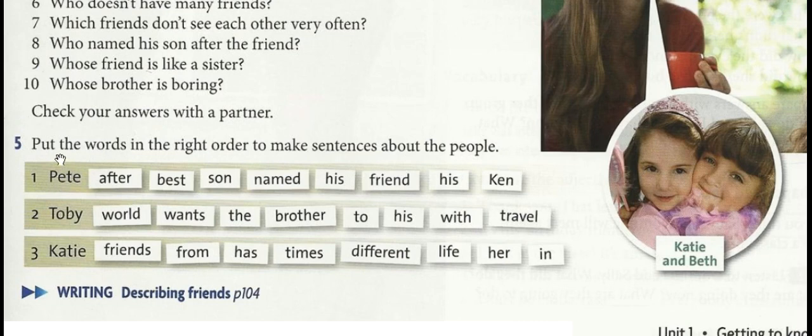So you have here the beginning of the sentence. Number 1, it begins with Pete. So you keep Pete and then you reorganize these words that come after to form a sentence. Of course, this is from the listening. Okay, so you pause the video, take a moment. And now the answers.